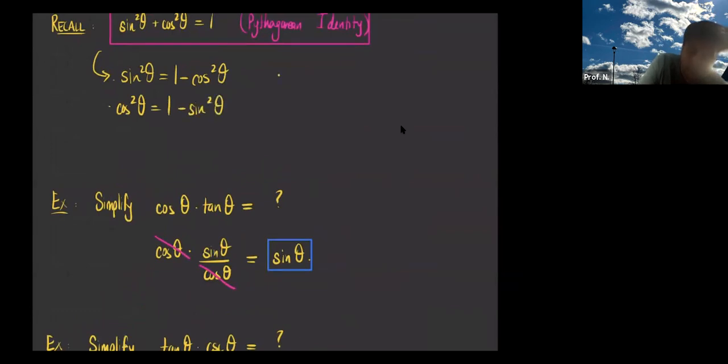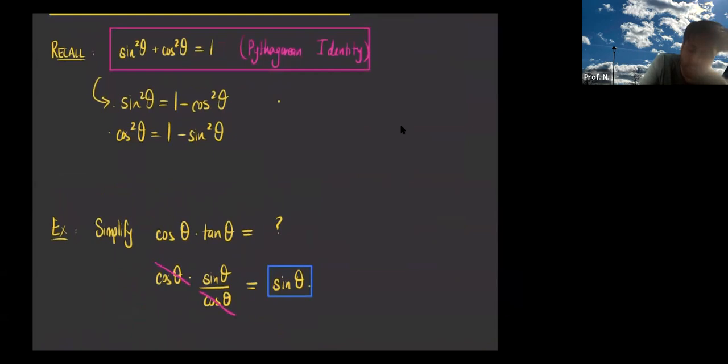We also know, if we divide everything by cosine, for example, you get 1 plus tangent squared theta is equal to secant squared theta. And if you divide everything by sine, you get 1 plus cotangent squared theta equals cosecant squared theta.